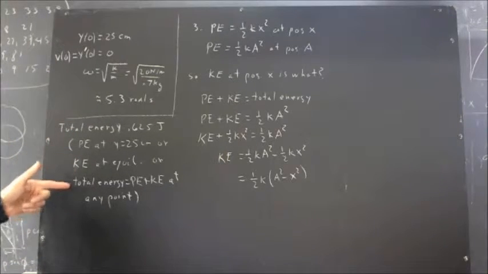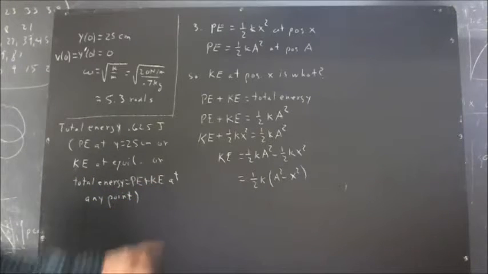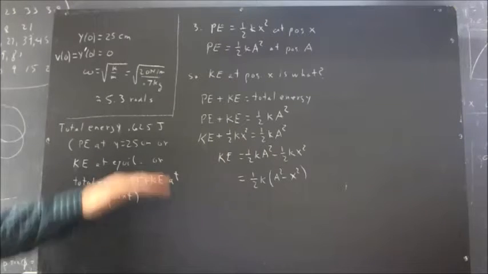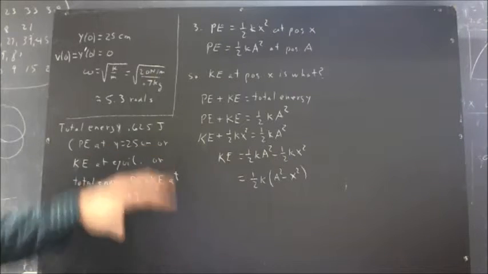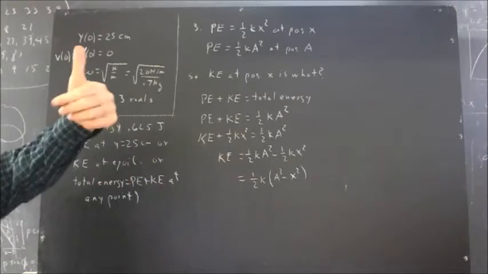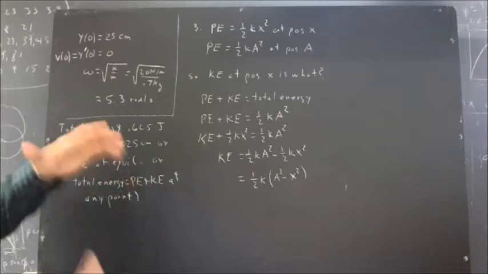And that is also equal to the total energy, which is the potential plus the kinetic energy at any point. The key being that the net force is just the spring force. Now there's gravitational force and there's spring force, and they go together, in effect, to give you the potential energy change.